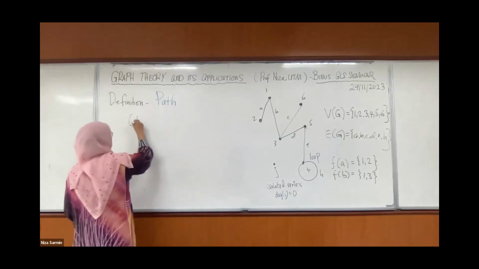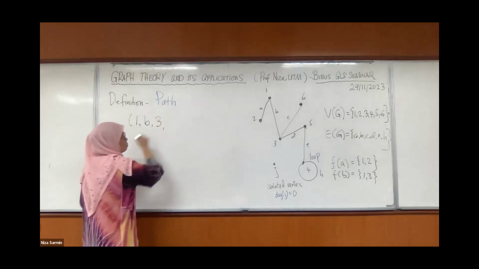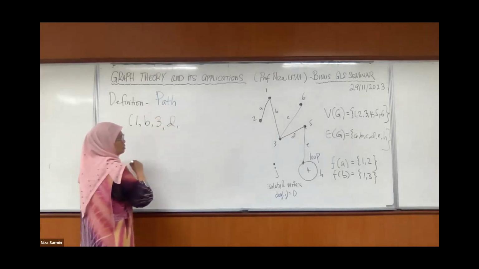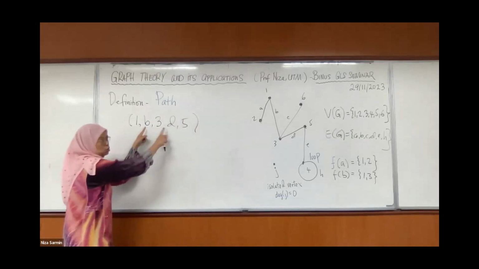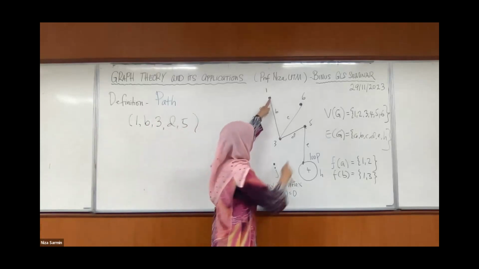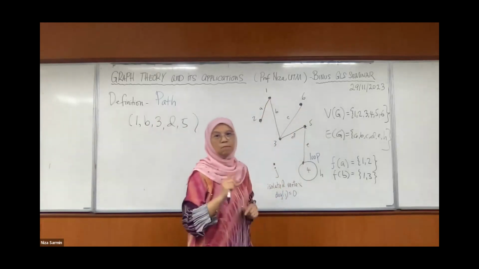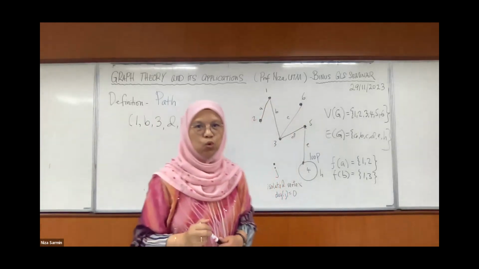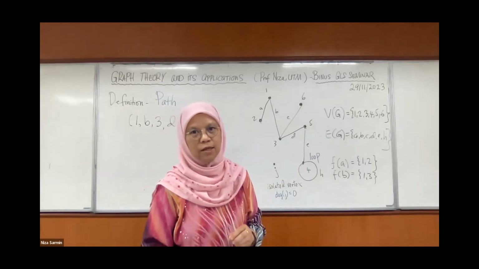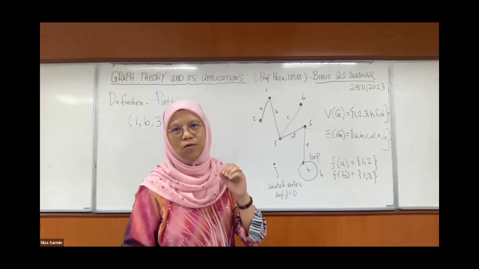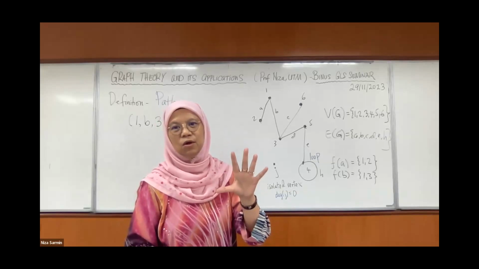So there will be 1, B, 3, D, 5. The distance is 2. You can also have from 1 to 6, BC, that's a distance of 2. What if the question is, give me a path that has a distance of 5?